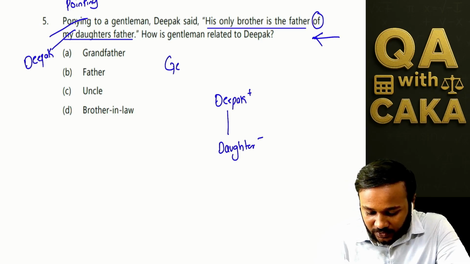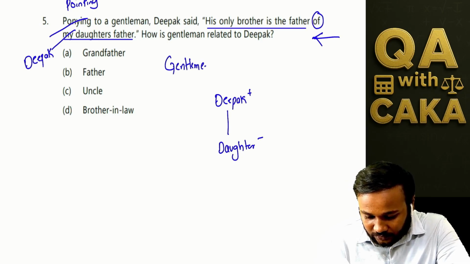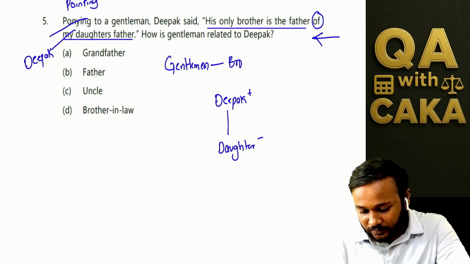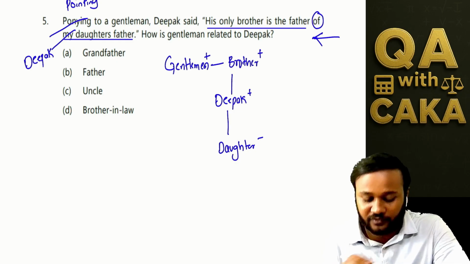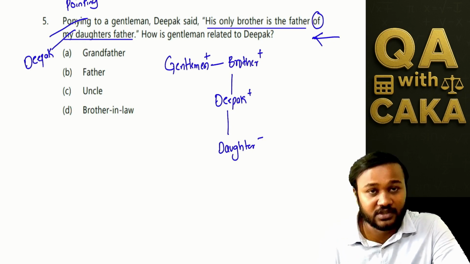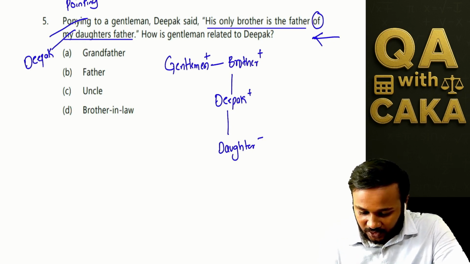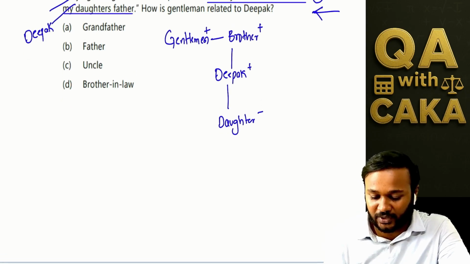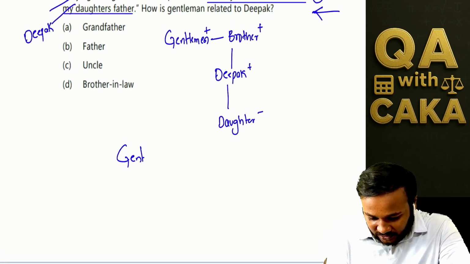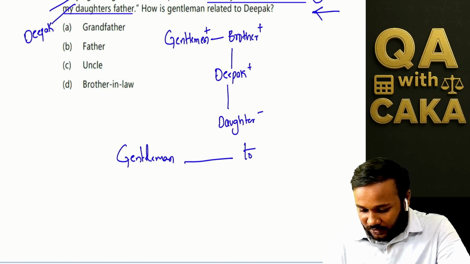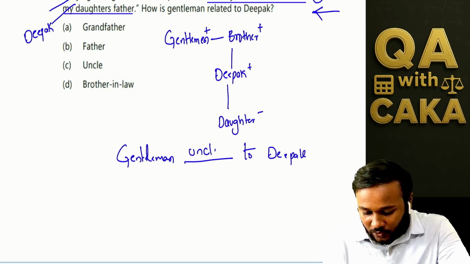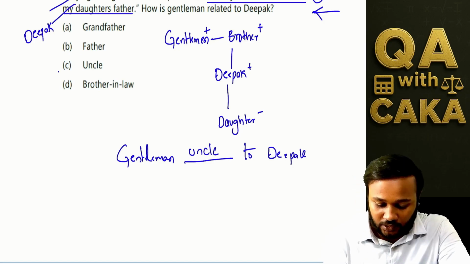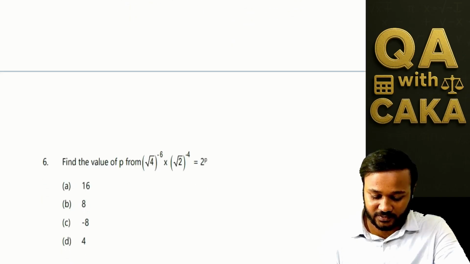So, this his is nothing but gentleman's brother is the only father of Deepak. So now you understood this. Now what's the question? How is gentleman related to Deepak? Now write this question. Gentleman to Deepak. The gentleman is uncle to Deepak. If you see this relation, uncle. Option C is the right answer.